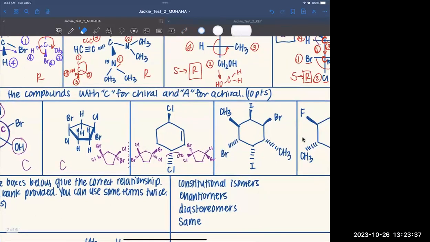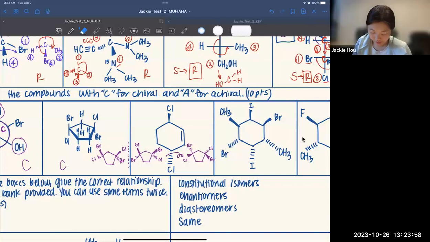So I have a question about this one. You said that for the first drawn cyclopentane structure, you have the Br on the wedge and the chlorine on the first carbon, and on the third carbon it's the opposite essentially. But once you do the planar flip, isn't it the exact same thing? No, it's not the exact same thing because it's non-superimposable.